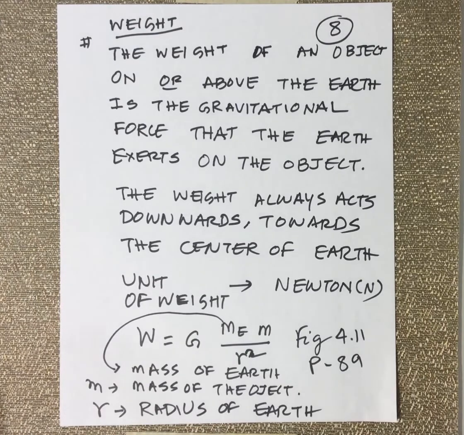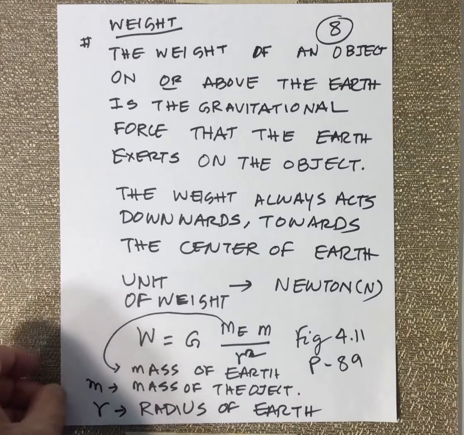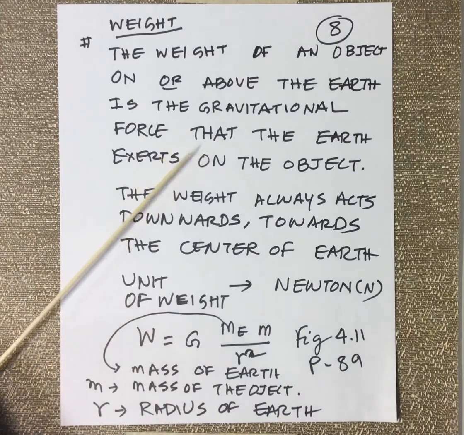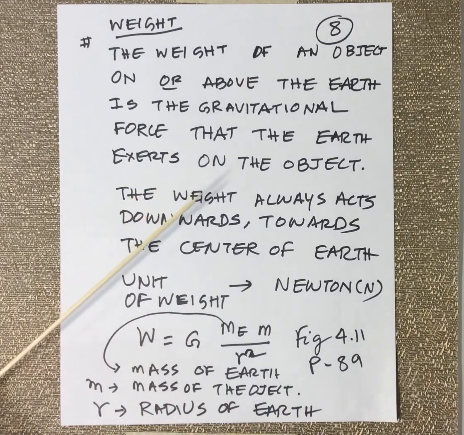Another important thing to know is what's the difference between mass and weight. We say he weighs 120 pounds, but I would say, well, what does that mean? Because the weight of an object or a body on and above the earth is the gravitational force that the earth exerts on that object.